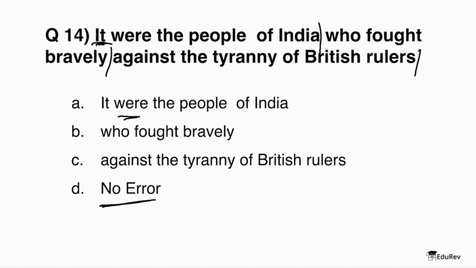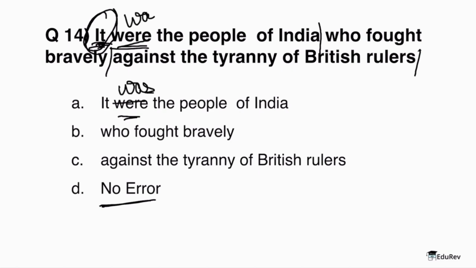However, in case of it, the verb should always be kept singular. So if it is the introductory subject, then it will always take a singular helping verb. So here instead of were, was will be there.